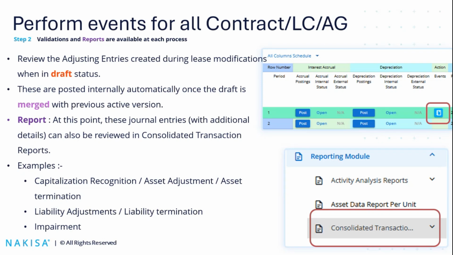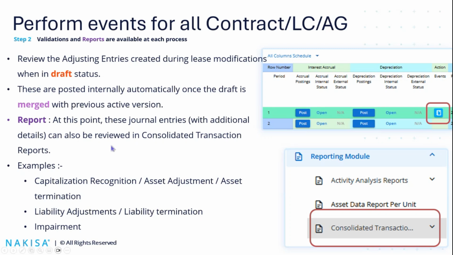It depends on the type of event you're doing. On the activation group, for example, it will give you the entries accordingly. So you can review the adjusting entries that will be posted once the draft is merged, and these postings are automatically posted or merged internally when the draft status is changed to active.